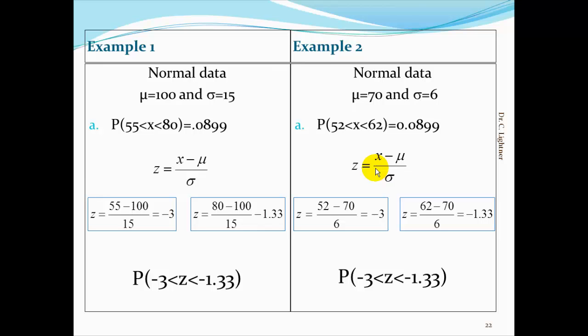We compute the z-score for the number 62 as 62 minus the mean divided by the standard deviation for this data set, and we obtain a z-score value of -1.33. Therefore, if we look at the z-score intervals for example 1 and example 2, the z-score intervals are identical.